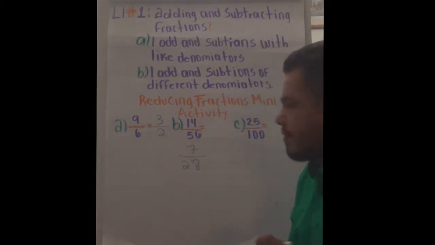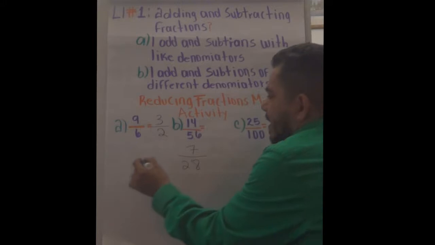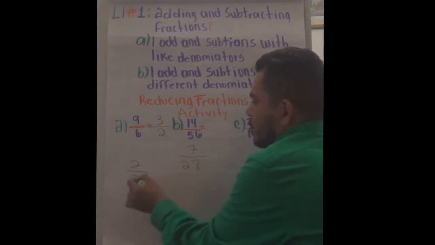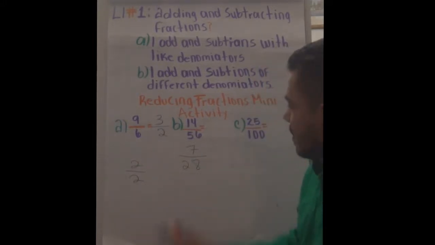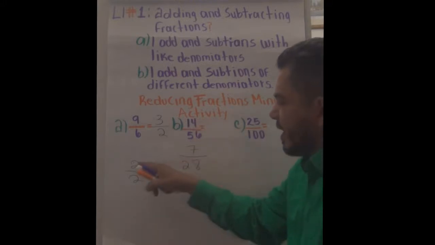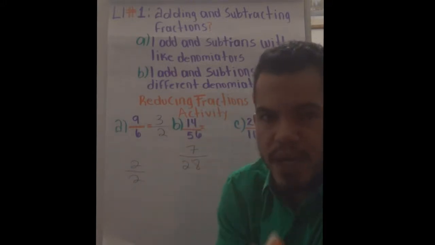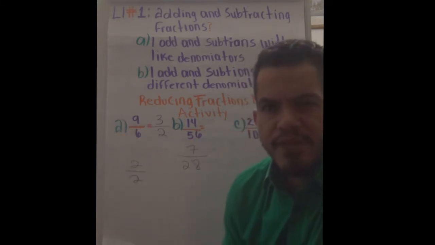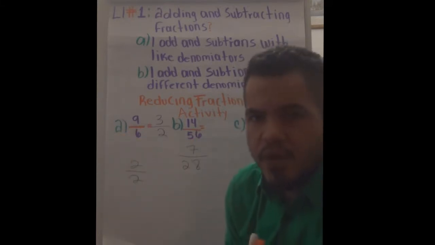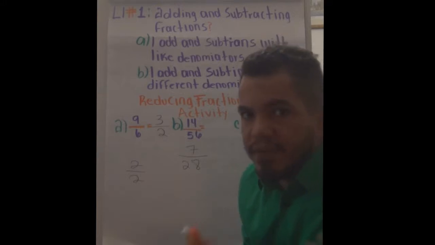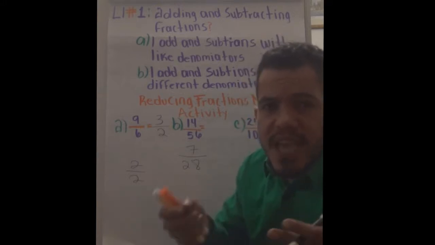Now, this is what I divided by. I divided by 2/2. I divided this by 2 and this by 2. And look, 2/2 is nothing more than a fancy version of the number 1. Like 3/3, a fancy version of the number 1. 4/4, because 4 divided by 4 is 1. 5 divided by 5 is 1. And you know what I'm saying?